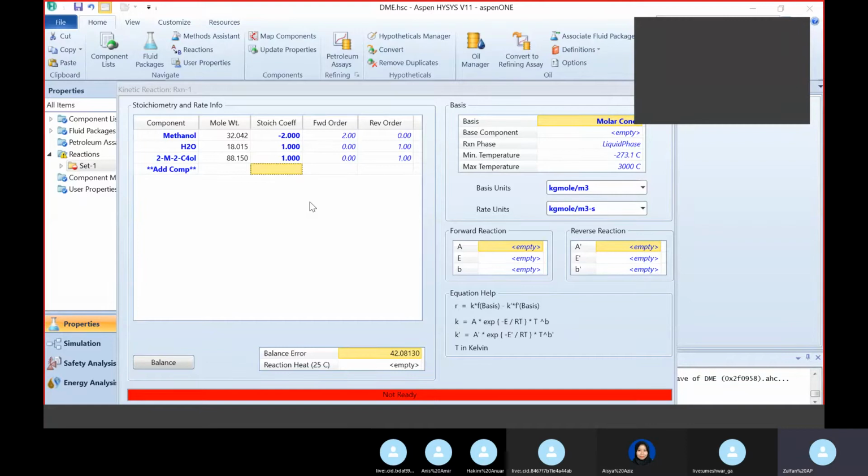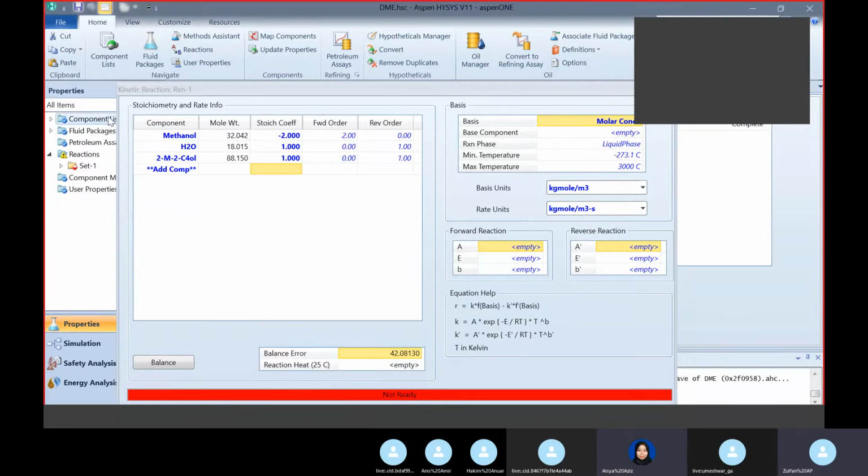Balance error, you can see your balance error is 42. So it has to be 0. That means there is something wrong with either the stoichiometric coefficient or the component. It's 2 methanol to DME plus H2O. Okay, so is that 2M2C the DME? I think so. Hold on, let me see.